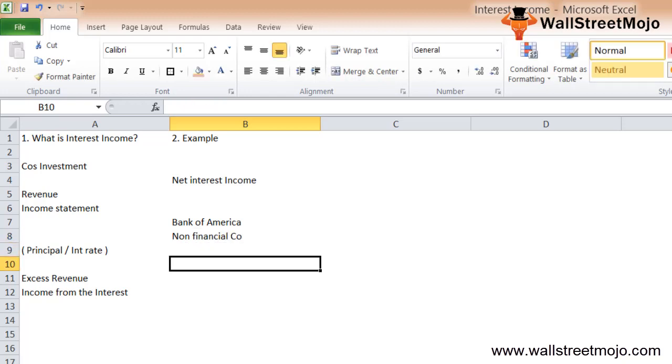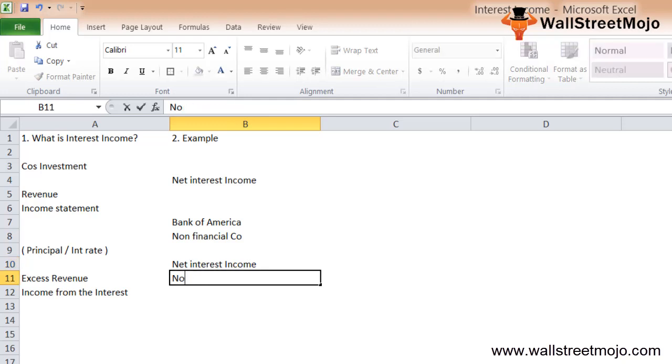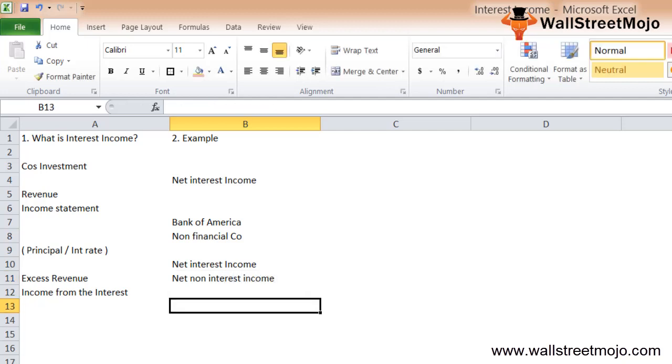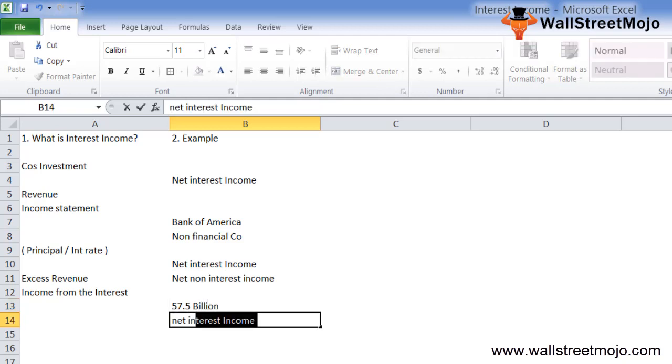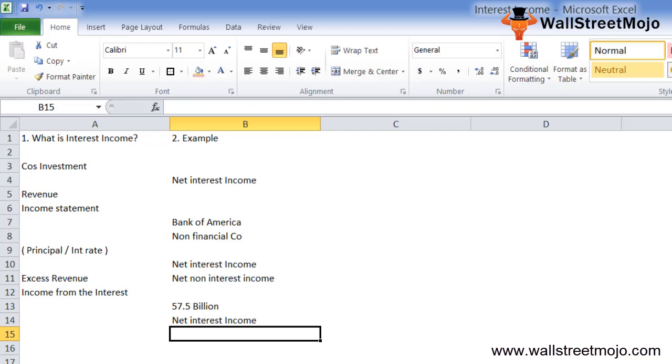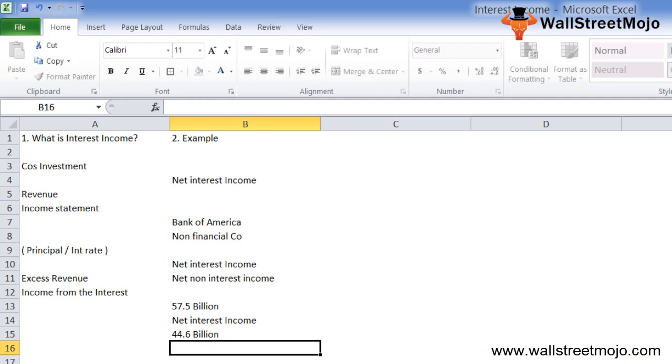Revenue for a bank is comprised of net interest income and non-interest income. For Bank of America, the total interest earned for the period was $57.5 billion, and the net interest income, that is the total interest minus the total interest expense, was $44.6 billion.